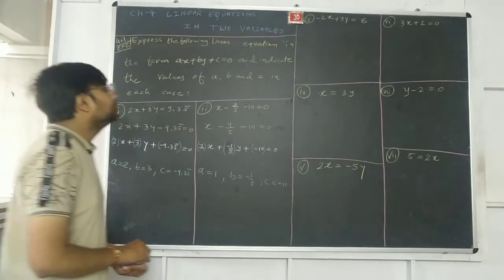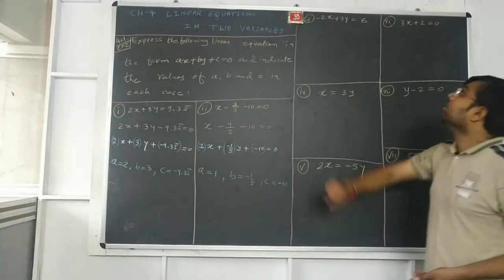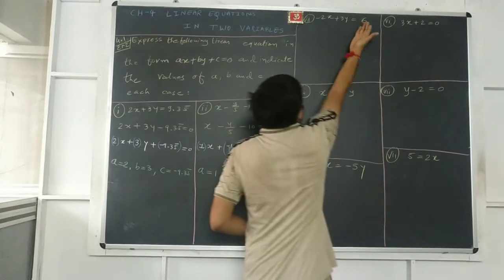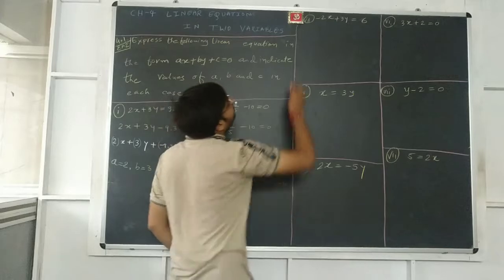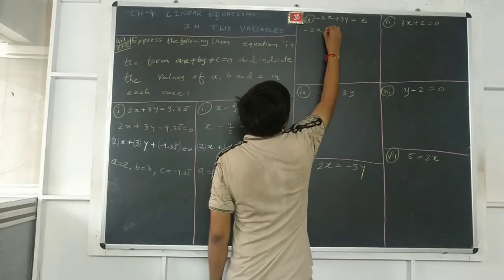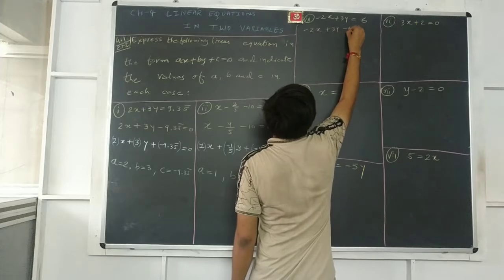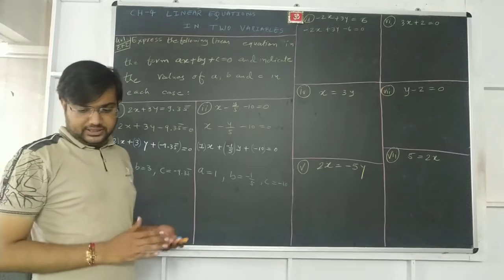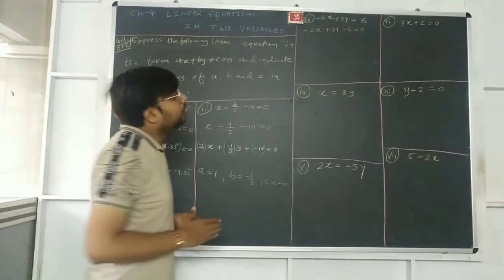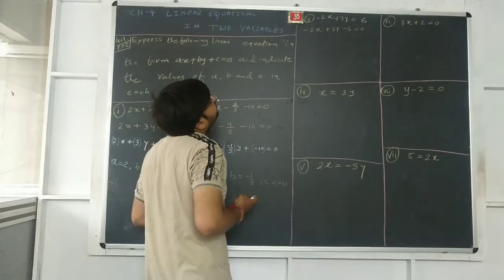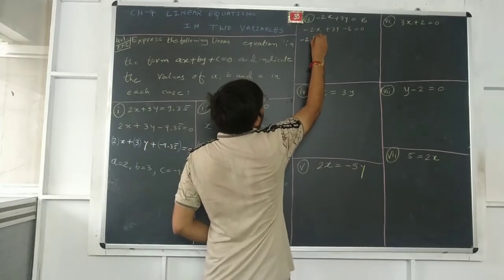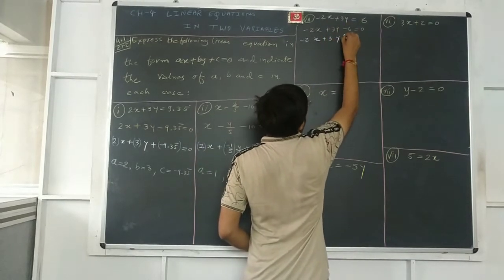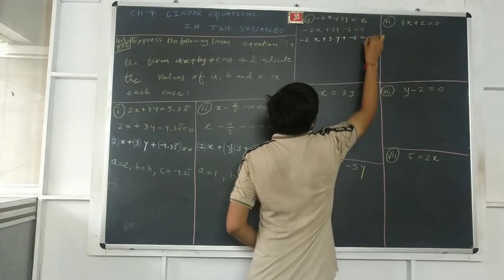Okay, now question number 3. Here, minus 2x plus 3y is equal to 6. So we move the 6 to the left side, then minus 2x plus 3y negative 6 is equal to 0. So here negative 2 is the coefficient of x, positive 3 is the coefficient of y, and negative 6 is the constant term.